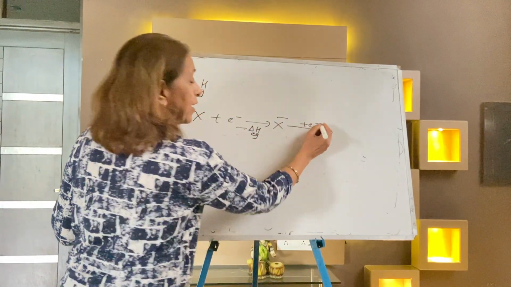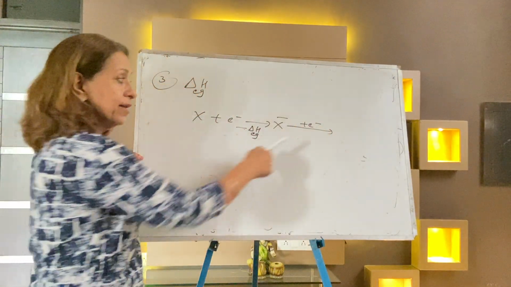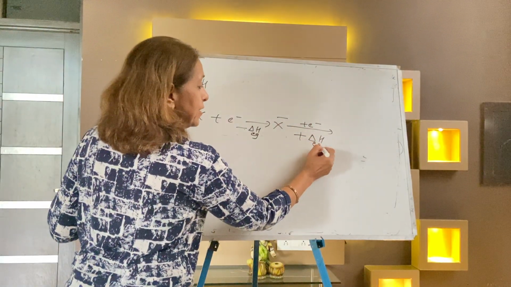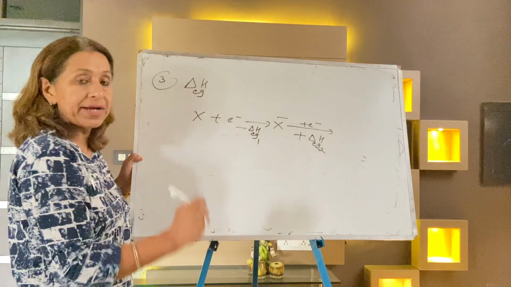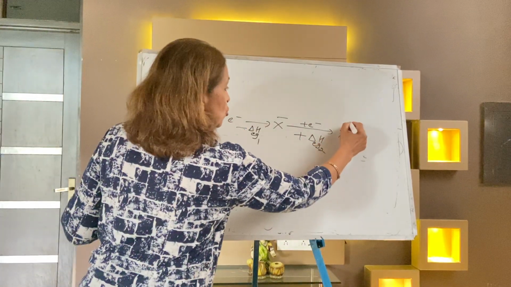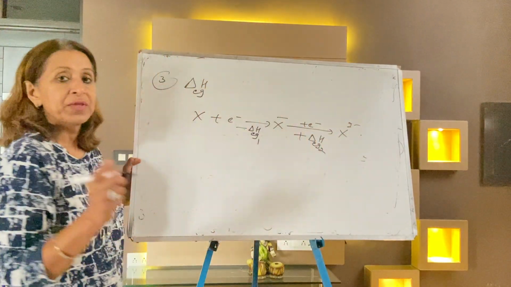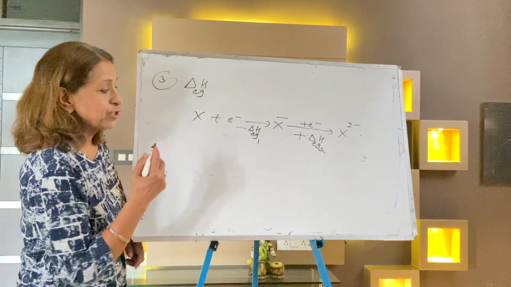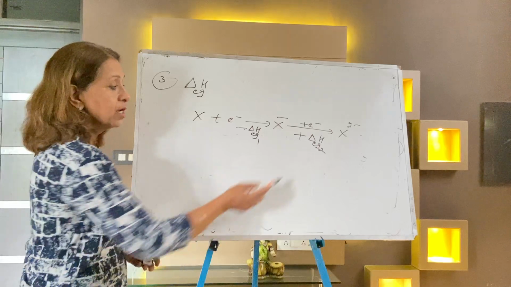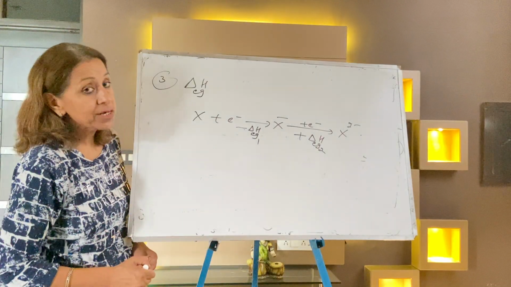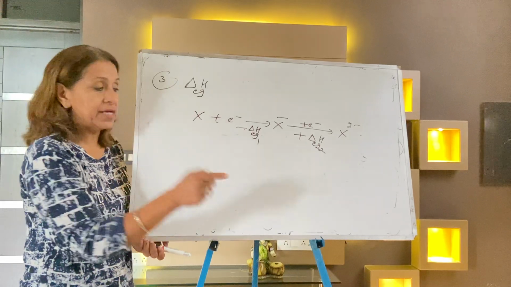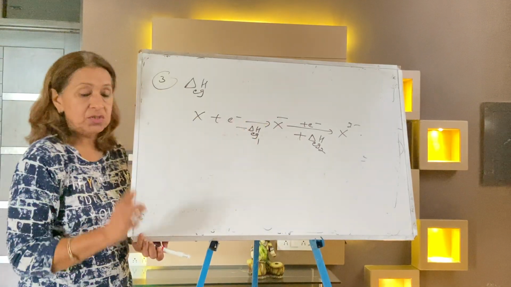When you add an electron to an anion, both are negatively charged, so energy is always required. So delta Heg 1 is negative, but delta Heg 2 is always positive. The first electron addition is exothermic, energy released, negative, and the second is endothermic, positive.